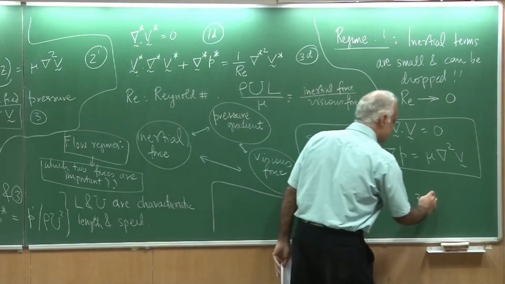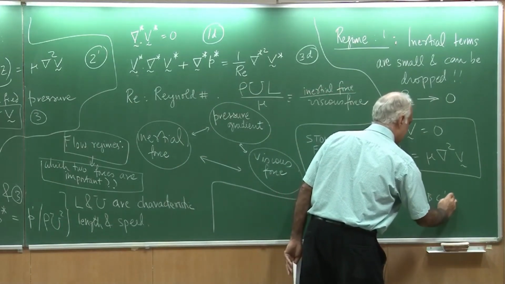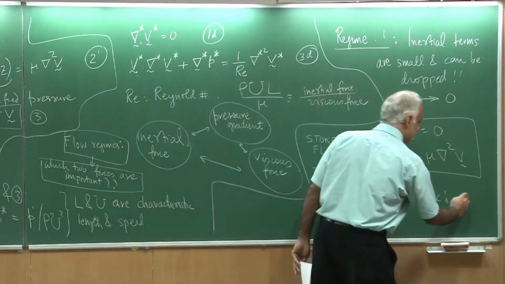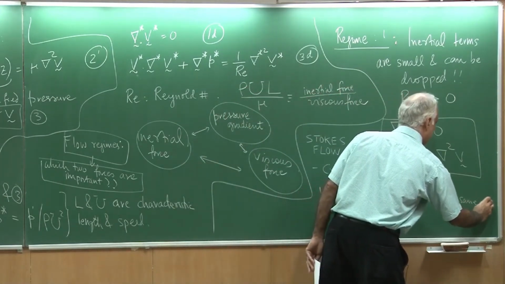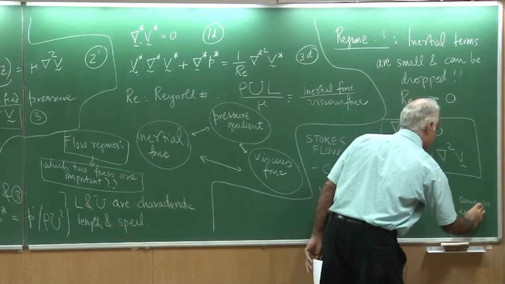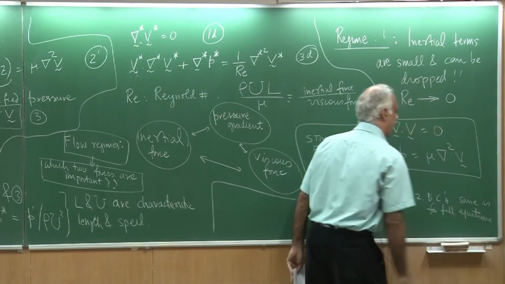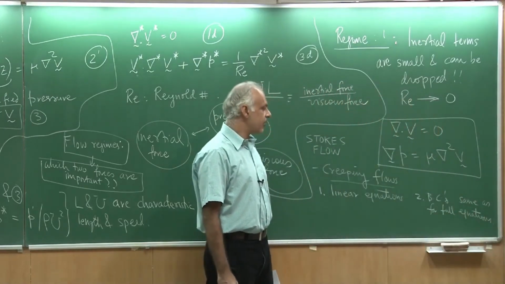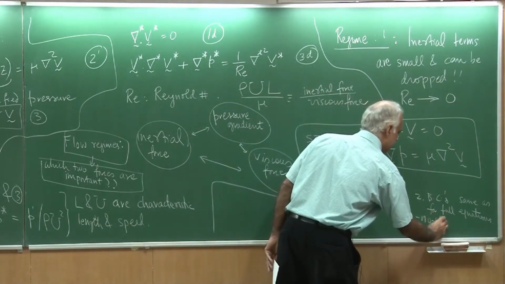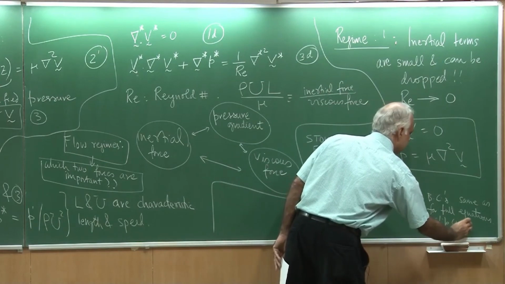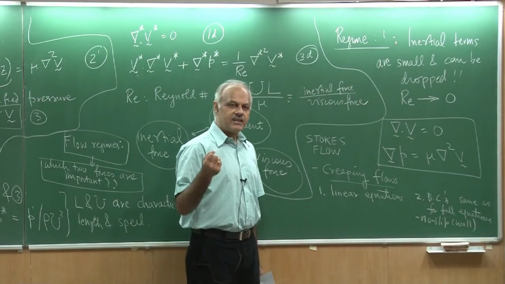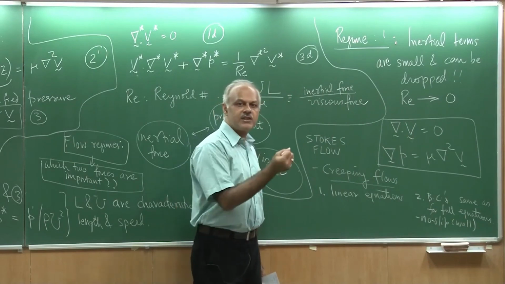How about the boundary conditions? The boundary conditions, they are actually the same as for full equations, and those boundary conditions are the following. We have to still satisfy the no slip at the wall. So, wherever there is a solid wall, we will say that the fluid elements stick with the solid wall.